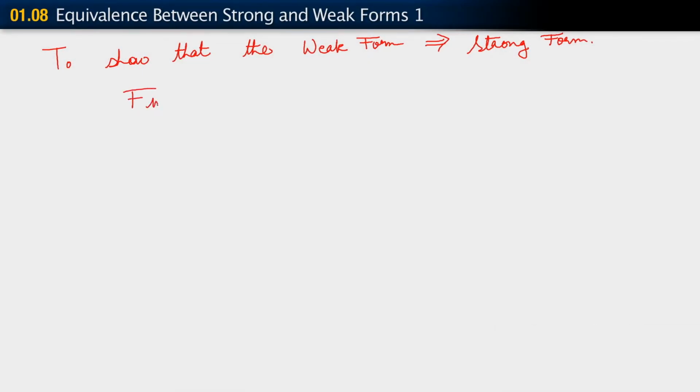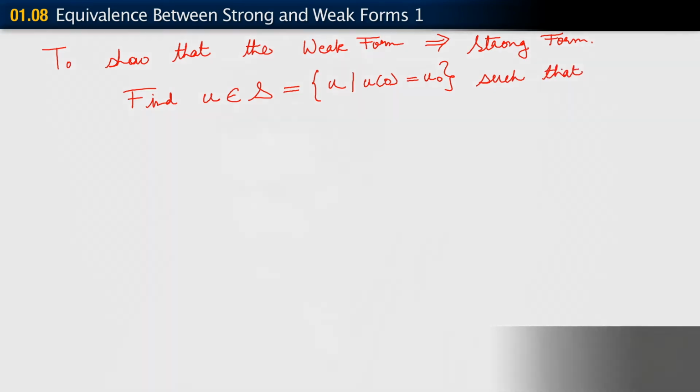So the weak form is the following: find U belonging to S which satisfies the Dirichlet boundary condition, such that, given all the data, and I'm not going to specify the data again in writing it here. So assume that we have all the data.